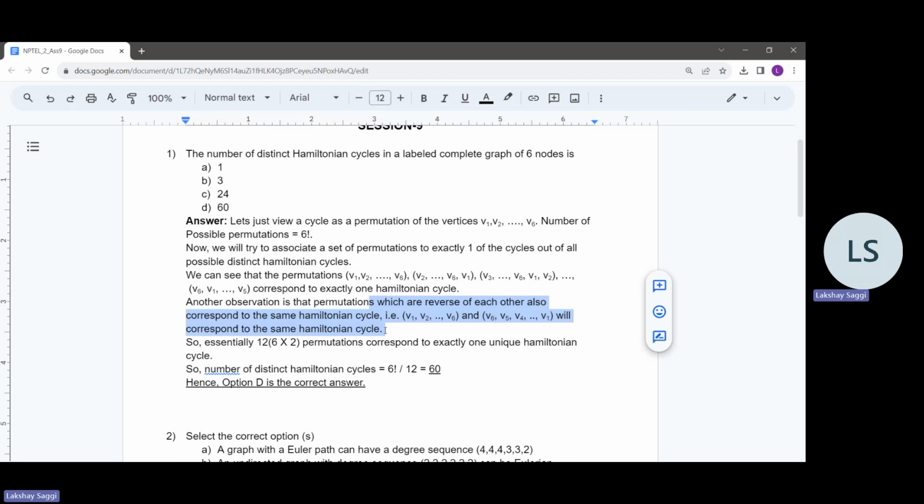So we'll need to divide n factorial by a factor of 2 times n, which will be equal to, maybe I should write it down, n minus 1 factorial divided by 2.